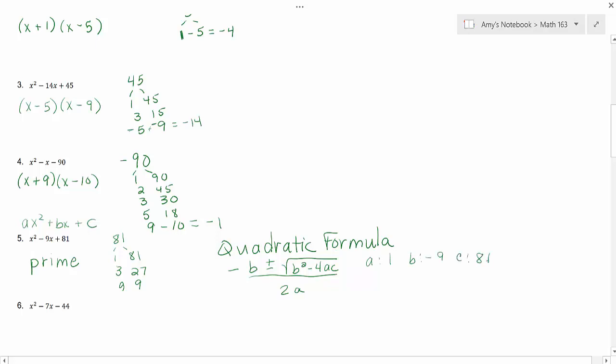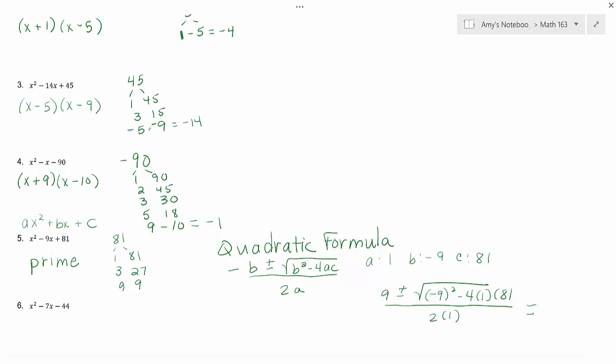And from there, you would plug it in to your quadratic formula. The opposite of -9 is +9. The square root of -9 squared minus 4 times a times c all over 2 times a. Use your calculator for underneath. -9 quantity squared minus 4 times 81 gives you -243.